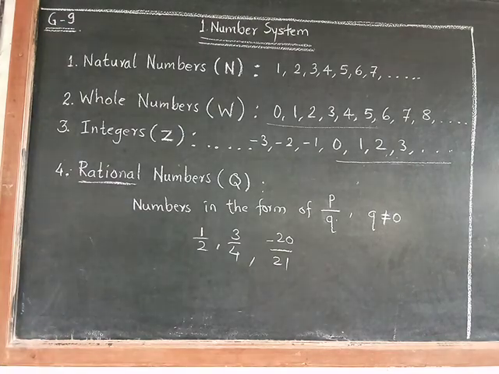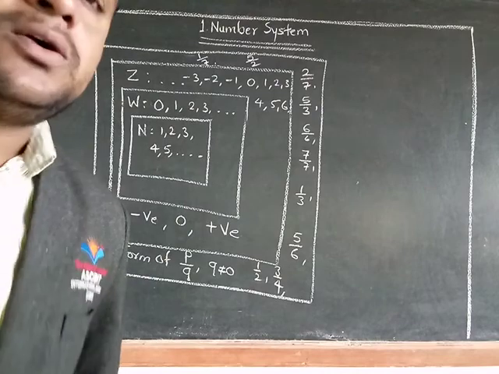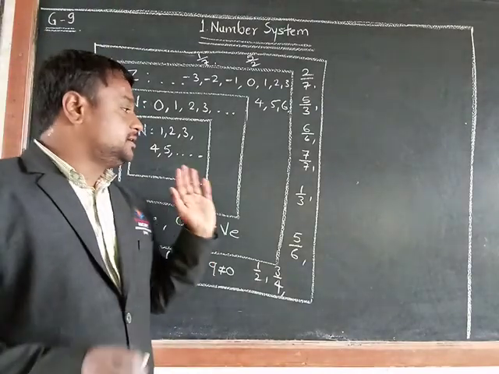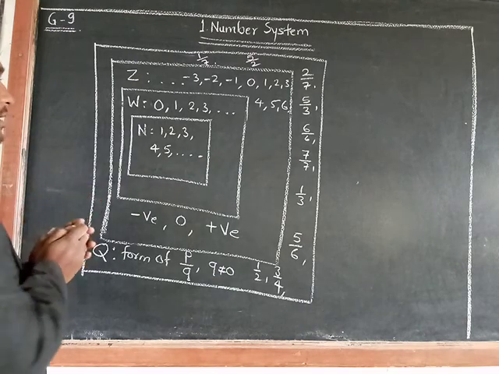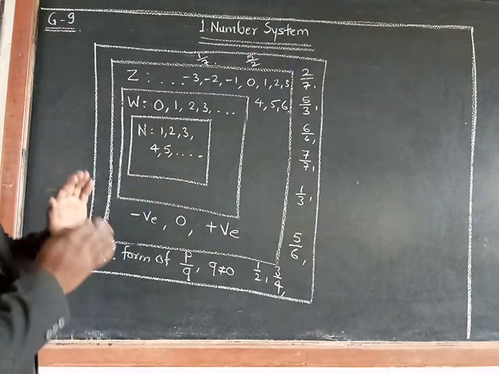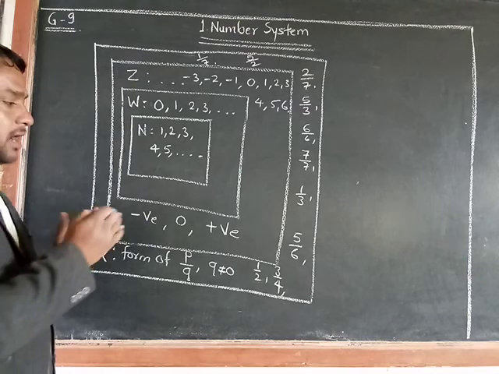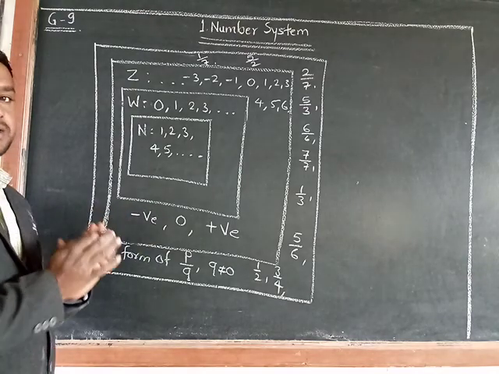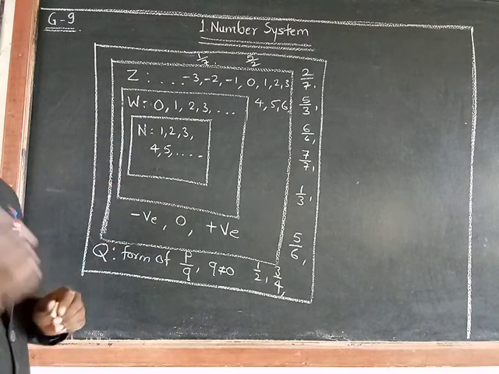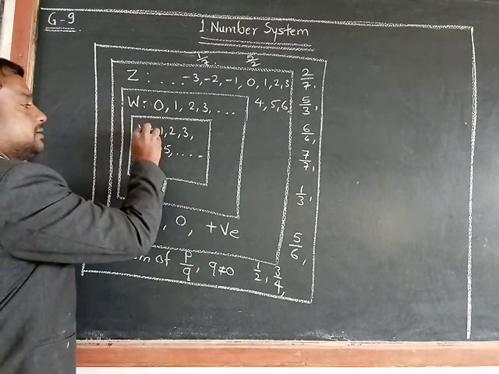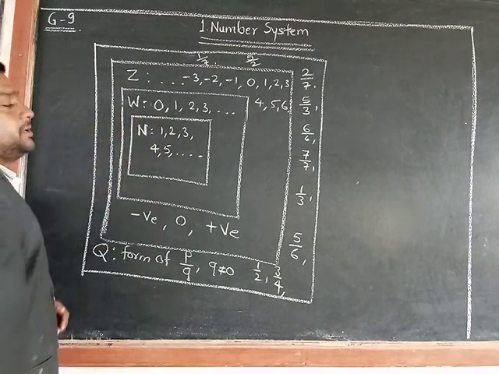Okay, students, if you see the diagram on the board, you will clearly understand how numbers relate to each other. Take the set of natural numbers; N is the symbol of natural numbers.